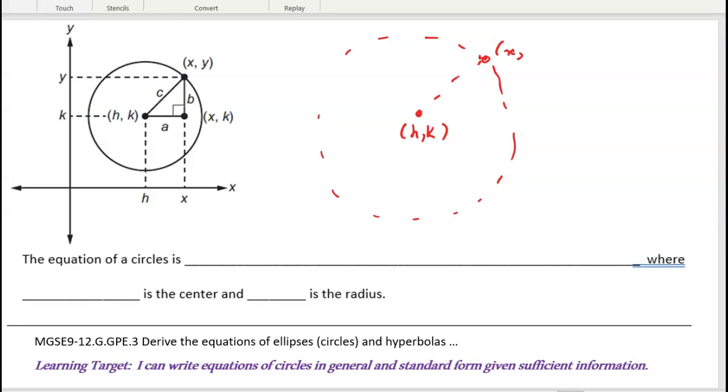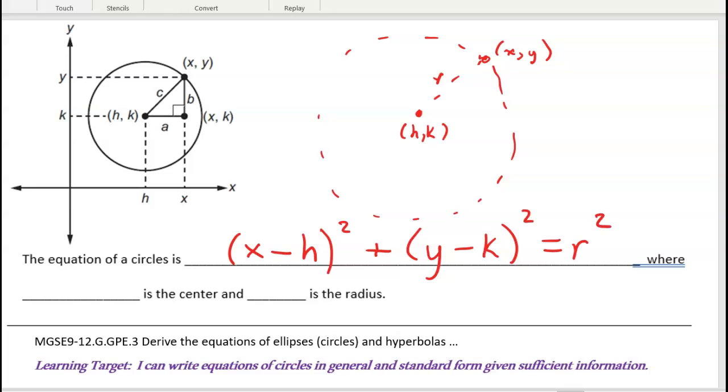That's going to represent just some point XY, the radius is R. So given any circle centered at HK, the equation of that circle will be X minus H, the X coordinate of the center, squared, plus Y minus K, the Y coordinate, squared, and that will equal R squared, where HK is the center and where R is the radius. Okay, so my hope is you've seen this before. If you have not seen this before, there it is. I'm going to do one example, and then I'm going to throw you to the wolves. Told you this was the shortest video ever.